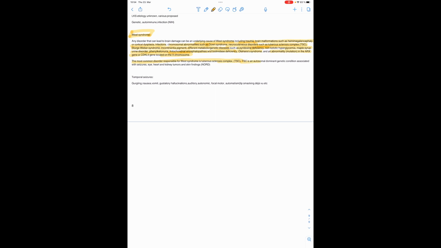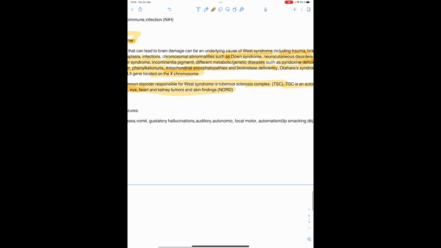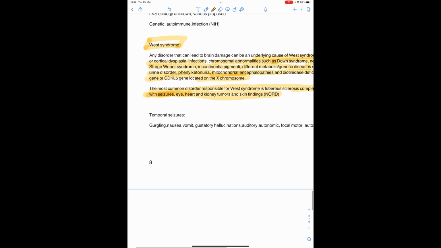Tuberous sclerosis complex is an autosomal dominant genetic disorder associated with seizures, eye, heart, kidney tumors, and skin findings. This syndrome we will also discuss later on. So, we were here, West syndrome.